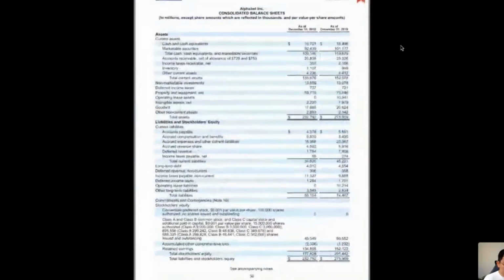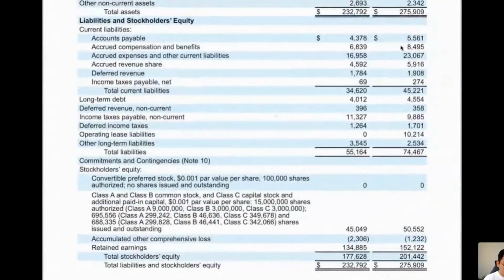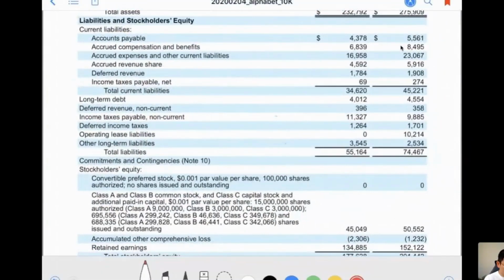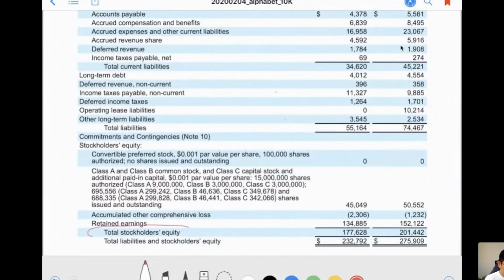You can get the equity from here, your total equity. Can you see that? So you take the net profit divided by this figure.